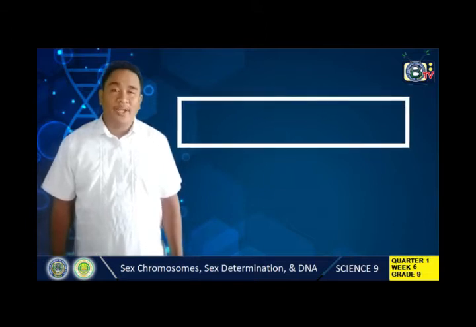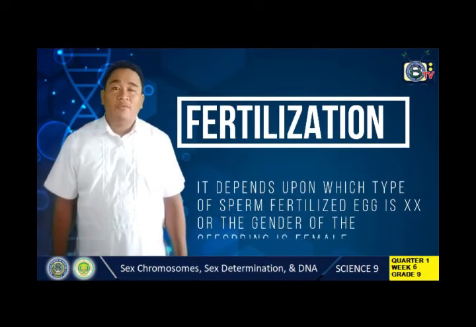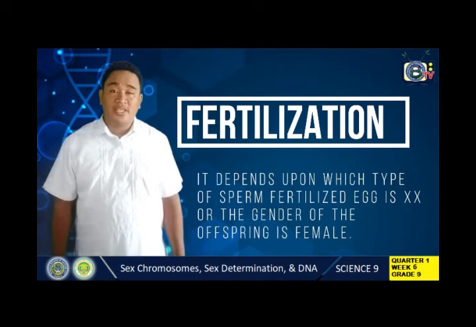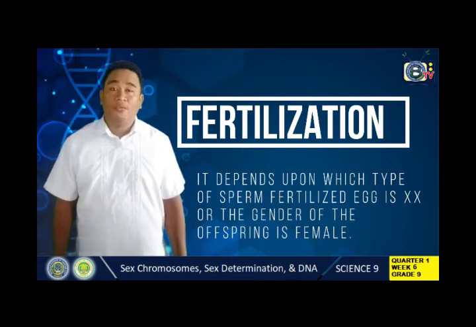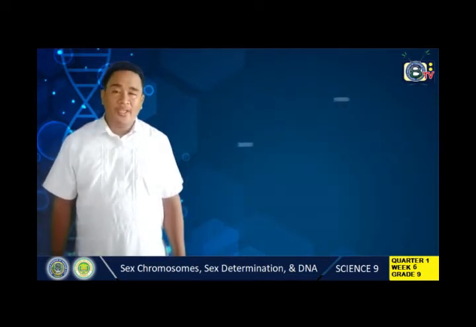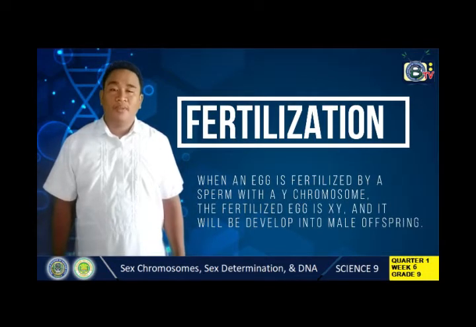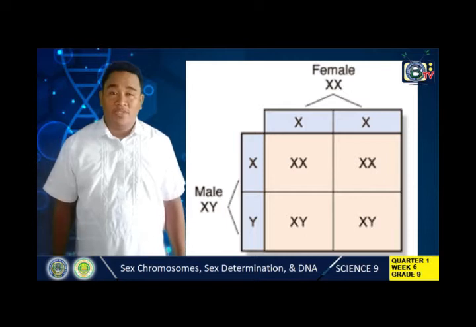It depends upon which type of sperm fertilizes the egg. If the egg is fertilized by an X sperm, the fertilized egg is XX and the gender of the offspring is female. When an egg is fertilized by a sperm with a Y chromosome, the fertilized egg is XY and it will develop into a male offspring.